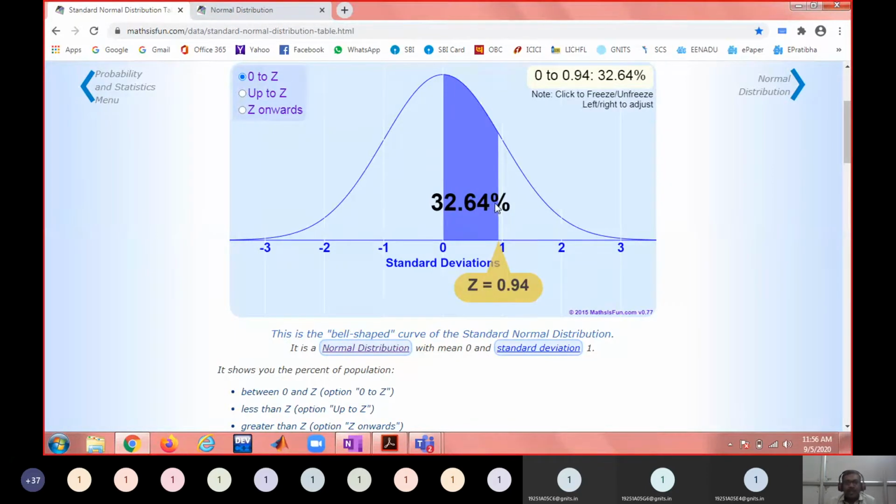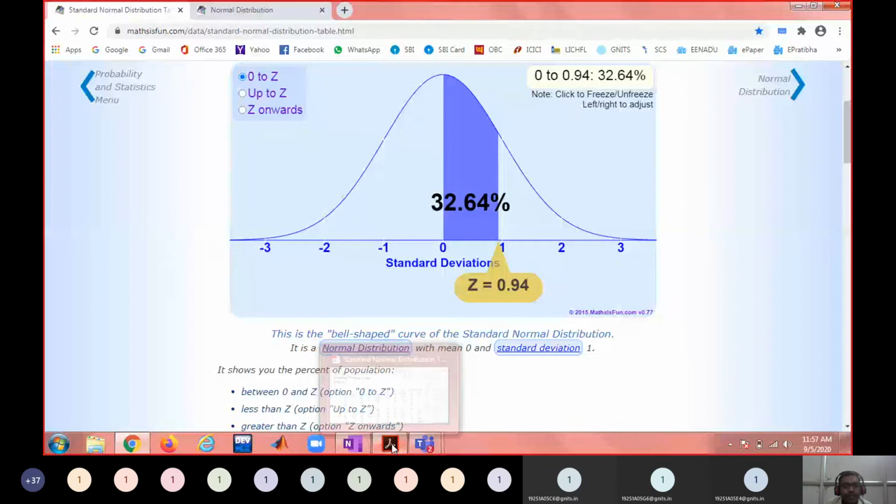How do you convert this percentage into probability? 100% means 1, and 0% means 0 in probability. So 32.64% means 0.3264.